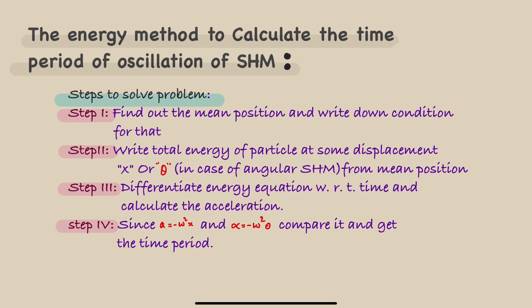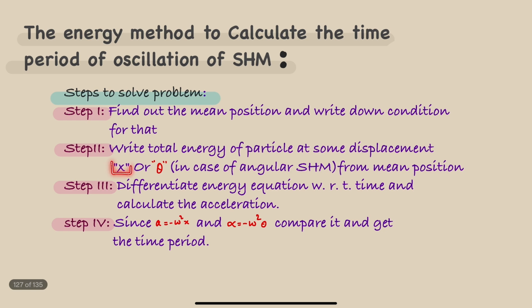First, whenever a system is given, we will find out the mean position and write down the condition for that. Once we do that, we will write down the total energy of the system at a certain instant of displacement. If it is linear simple harmonic motion, we will write down the energy at some linear distance x.